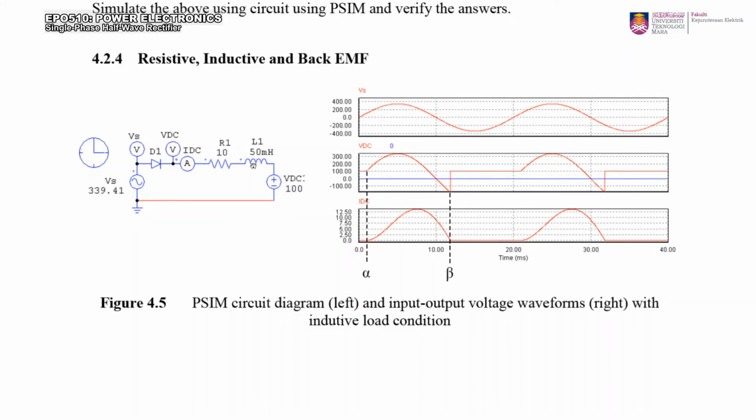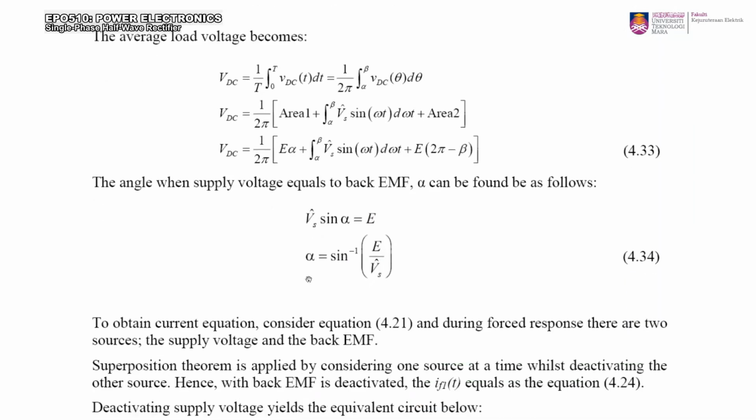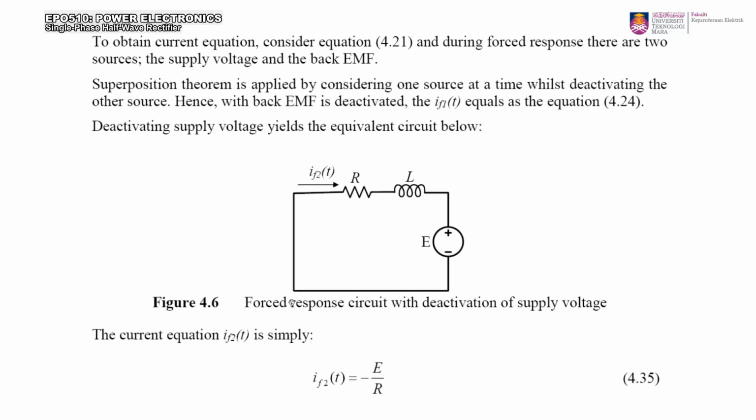This is very similar to what we did in the previous R plus L section, so just refer back to the notes to determine the current. You have to consider the forced response and also the natural response. For the forced response, you're going to find two cases.